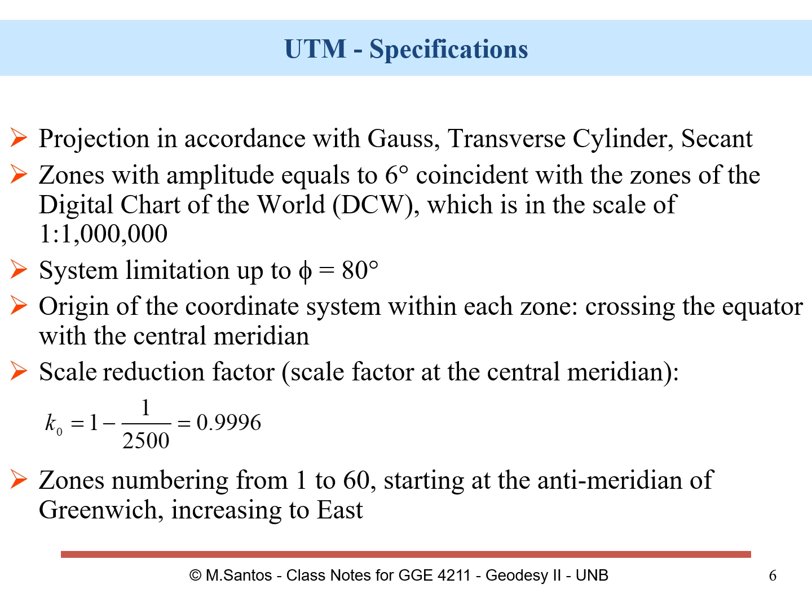The scale reduction factor, which corresponds to the scale factor at the central meridian, is called K sub 0, or K0, or kappa 0, and it's equal to 0.9996. And the zones, a total of 60, are numbered, and the numbering starts at the antimeridian of Greenwich, increasing to the east.